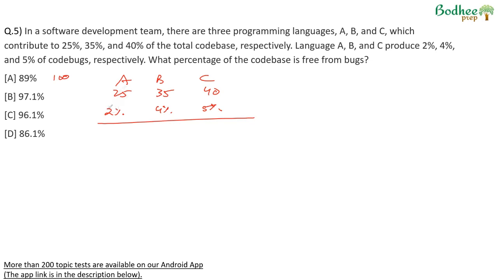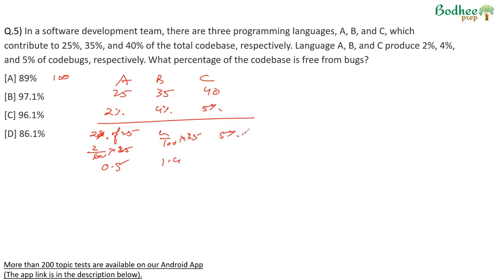So here the code bugs will be 2% of 25, which is 50 by 100, 0.5. Here it will be 4% of 35, so 4 by 100 into 35, which will be 1.4.